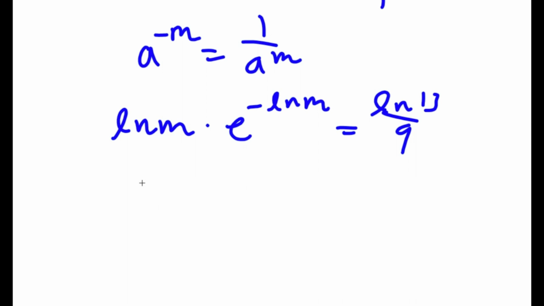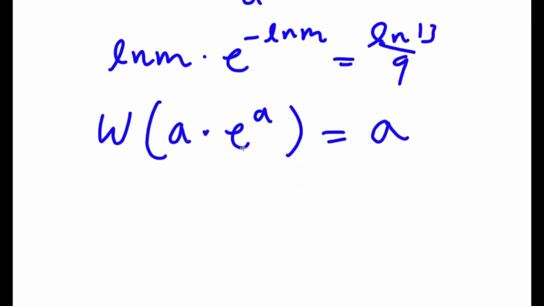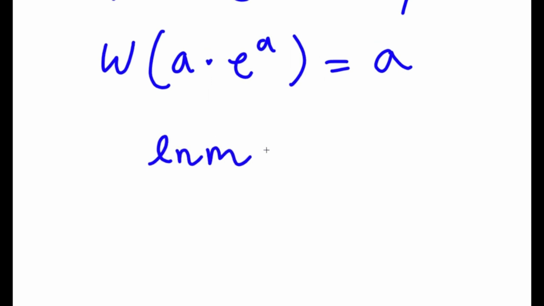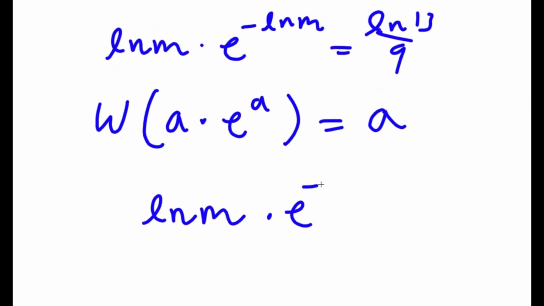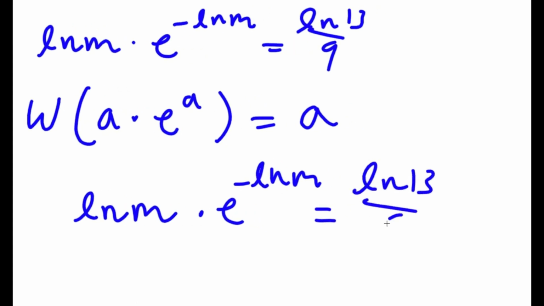And what the Lambert W function states is that if I take the W of a times e to the power of a, this is simply equal to a. So I'm going to be using this Lambert W function on our equation here. So our equation is ln m times e to the power of negative ln m is equal to ln 13 over 9.